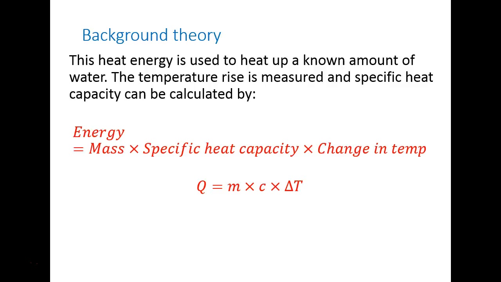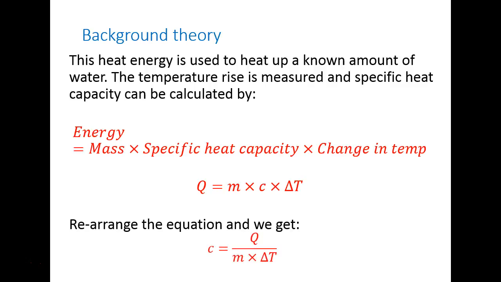Using symbols, that's going to be Q equal to M multiplied by C multiplied by delta T. And we're going to rearrange the equation, and we're going to get C is equal to Q divided by M multiplied by delta T.